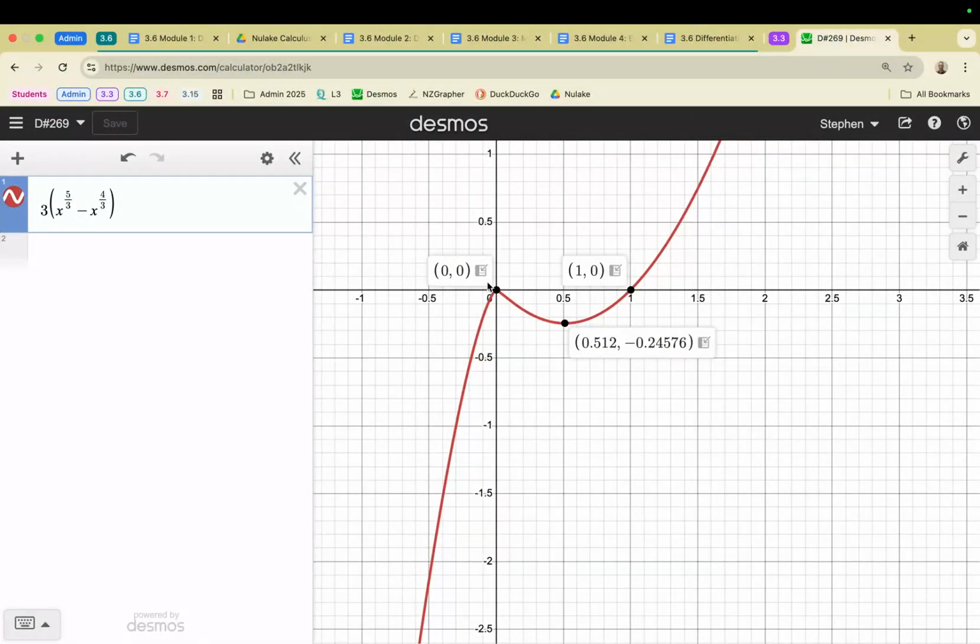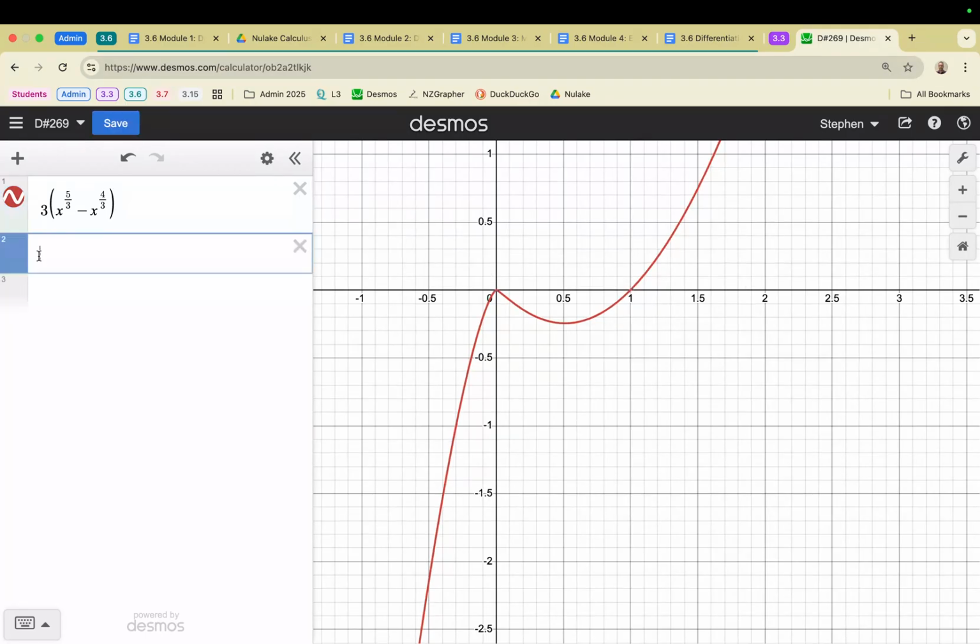Where is the gradient? Anything less than 0, you've got a positive gradient. Not between 0 and 0.512, so that zone in there would be decreasing. That's increasing gradient, and from this point here onwards.